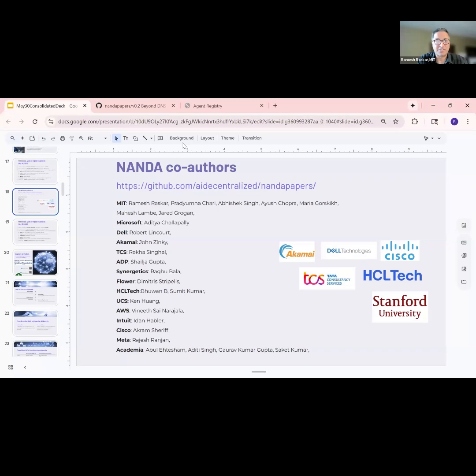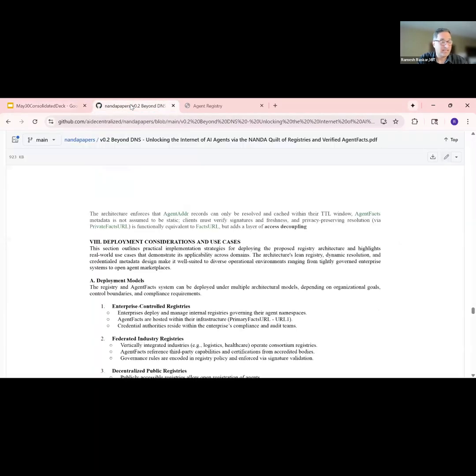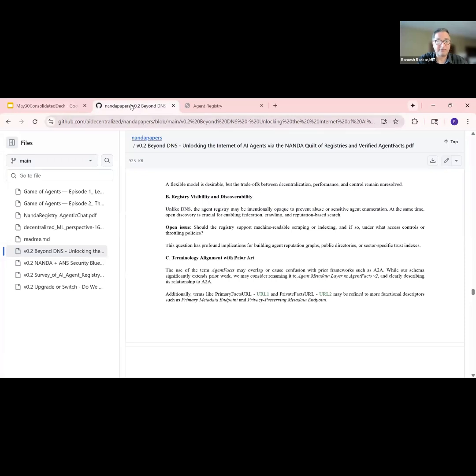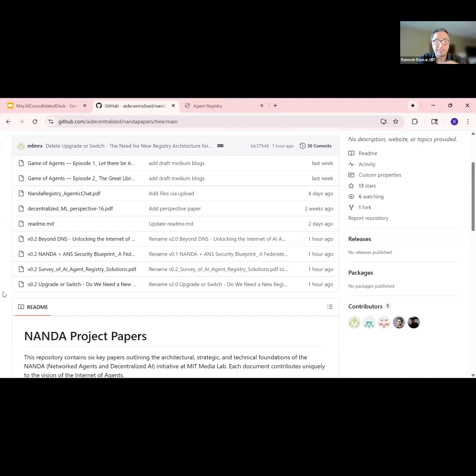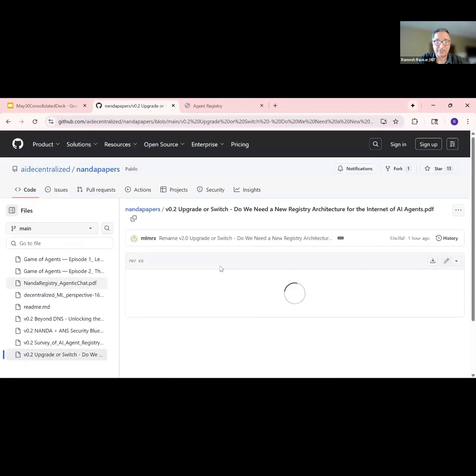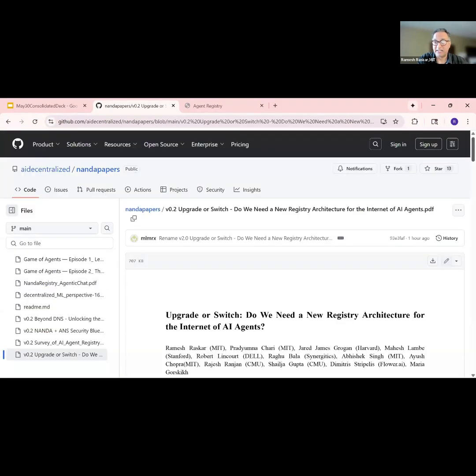If you want to join us and write these documents, and you also see that a lot of coders are here. This is the GitHub that's very active. It already has a whole bunch of papers that are coming together. So we're going to go through each of these papers today in about 12 minutes at a very rapid pace. Feel free to look at that. We'll post these links in the chat as well.